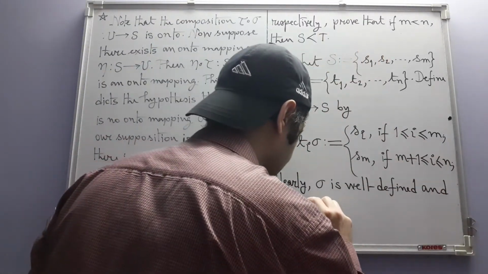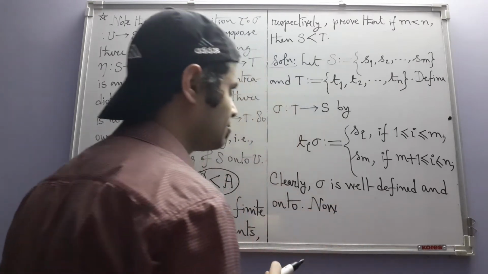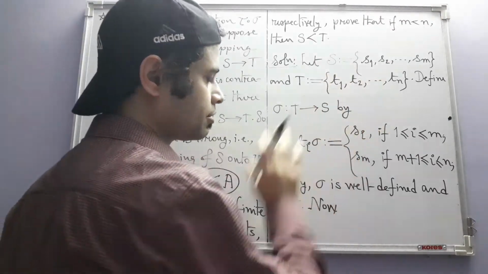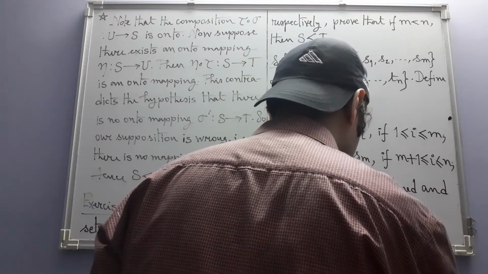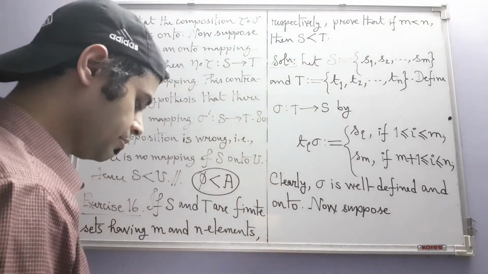Okay, now we have to prove that, however, there is no onto function from S to T. Now suppose, so here again we are supposing the contrary, and we will try to arrive at a contradiction.